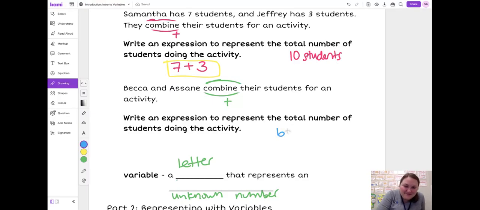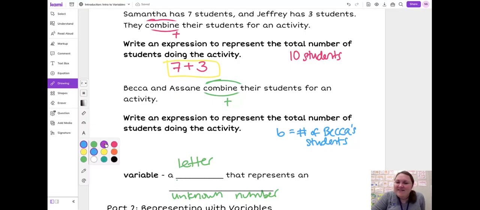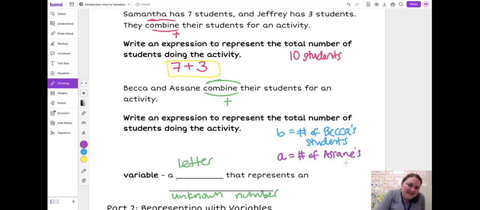I'm going to choose the letter B and say that B represents the number of Becca's students. You can say the number of Becca's students, how many students Becca has, anything like that. And the other thing I don't know is how many students Hassan has. So I'm going to use the letter A there, and I'll say A represents the number of Hassan's students. And again, you could describe it as how many students Hassan has, the amount of students he has.